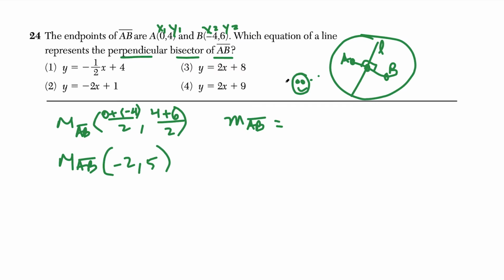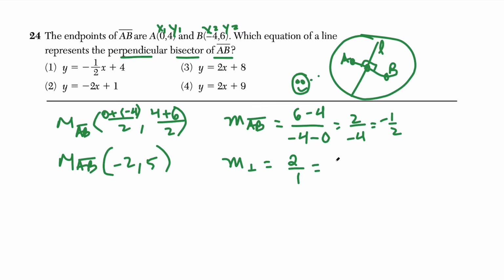So let's go ahead and find the slope. We have the difference of the y values, y2 minus y1 over x2, -4, minus x1, which is 0. That gives us 2 over -4, which is -1/2. So the perpendicular slope, I flip and negate this. So this flips to 2 over 1, and then I change it to a positive. So this is going to be 2.